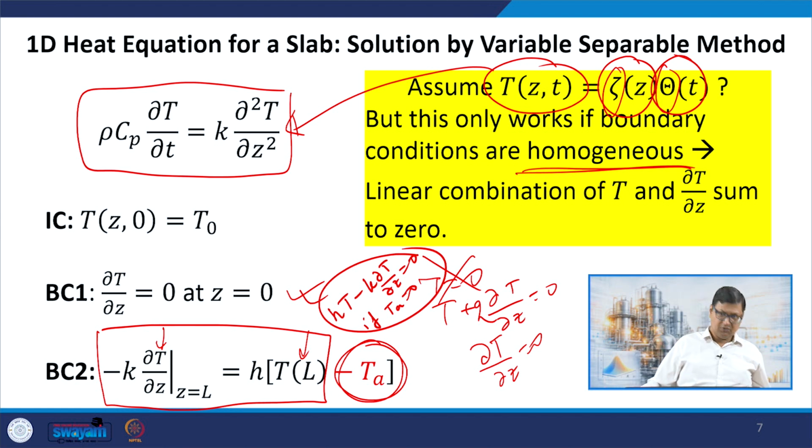However, we can do something here. What I can do now is redefine the temperature in a manner that will make my boundary conditions homogeneous. Can we do that? It turns out we can. This is my original set of equations, which was giving me a non-homogeneous boundary condition. I want to make it homogeneous.